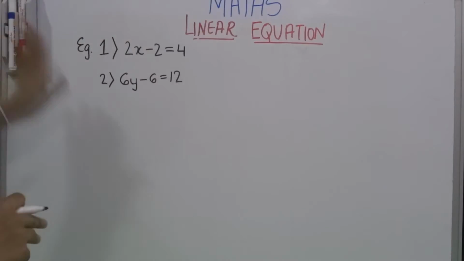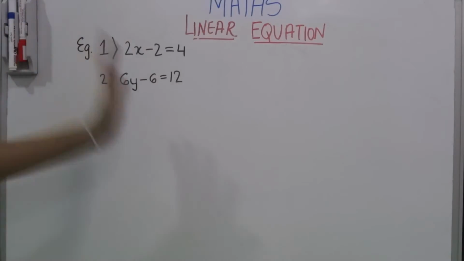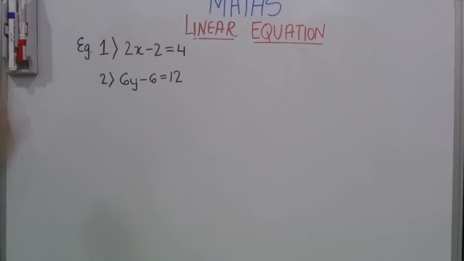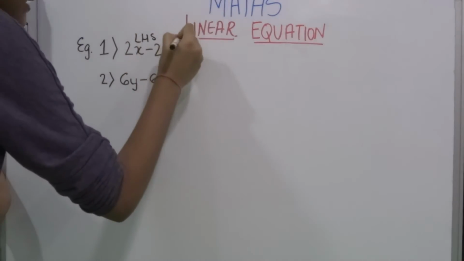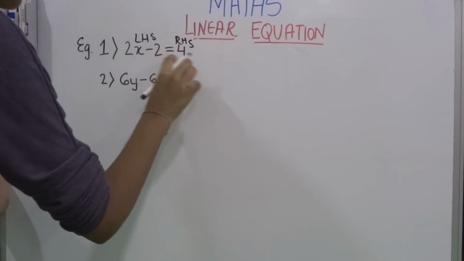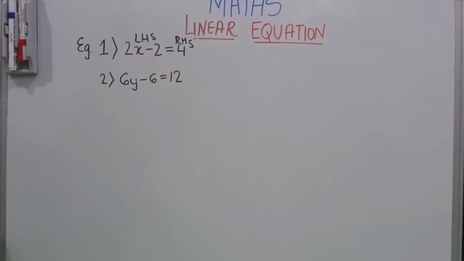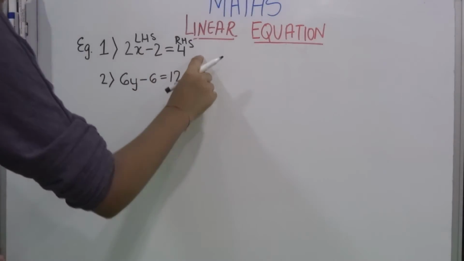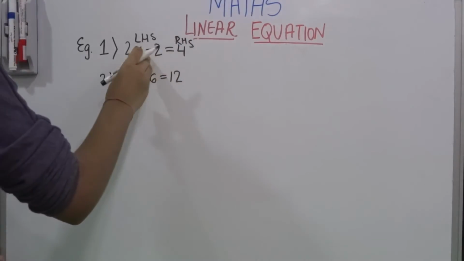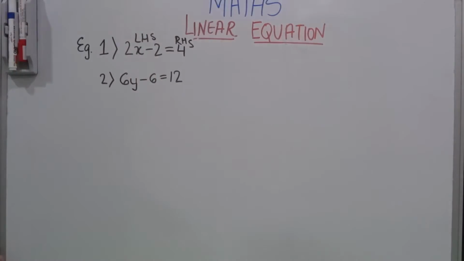Now let's see how to solve some linear equations. Before starting to solve the linear equation, one thing we need to know is that this is the left hand side and this is the right hand side of this equal to sign. Now whenever anything goes from this left hand side to this right hand side or from the right hand side to the left hand side, the sign changes.